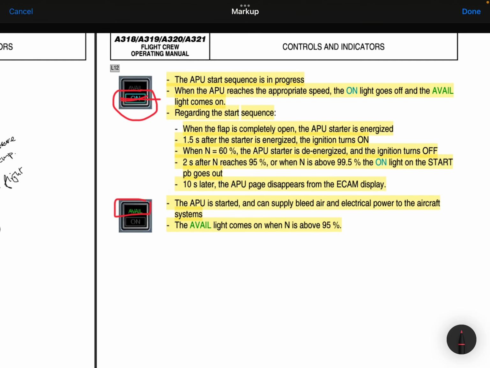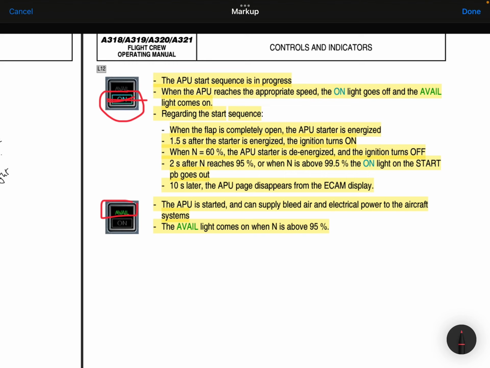So there are a few important digits. When N reaches 95% or when N is above 99.5%, after 2 seconds the ON light on the start push button goes off and the AVAIL light comes.